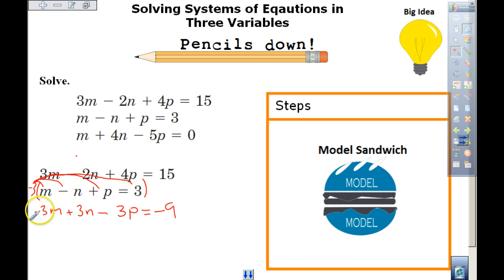So four multiplications for the distributive property. Then let's add them up. Let me bring down the first equation right here: 3m minus 2n plus 4p equals 15.